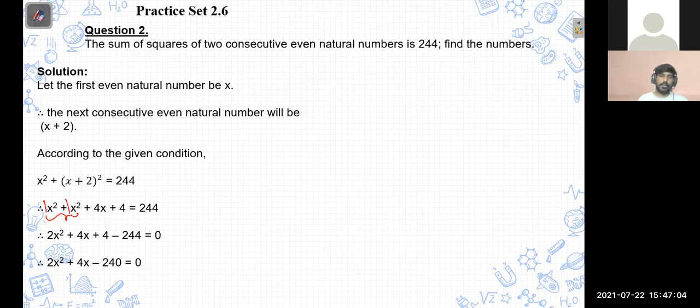Right away, you don't need to use the formula method. Reduce this first and then use the formula method. Divide by 2.